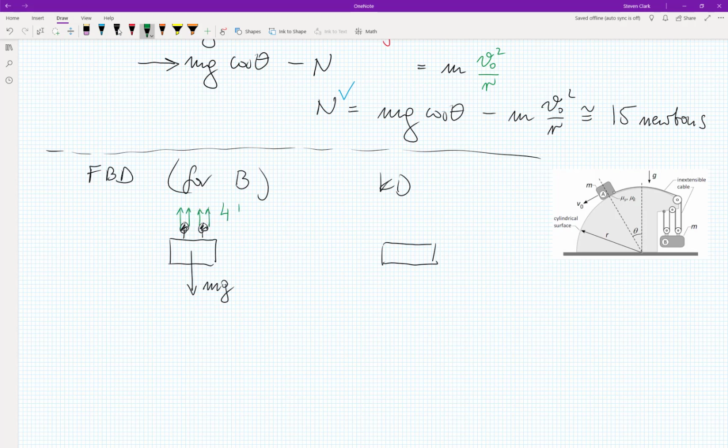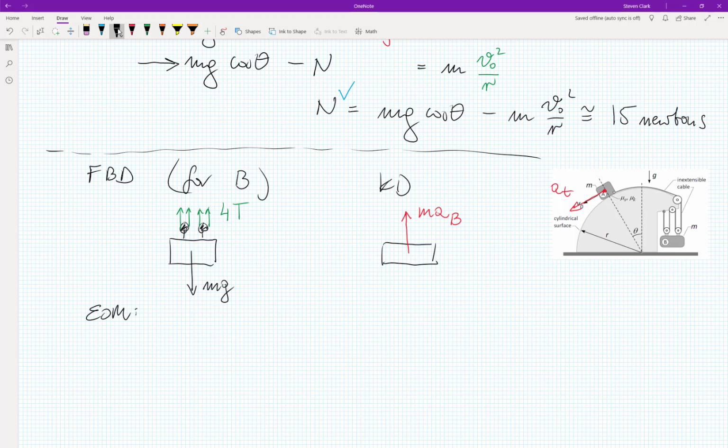So we have 4T. Since I assumed that this guy goes this way, I'm going to assume positive direction this way, m a_B, let's say.